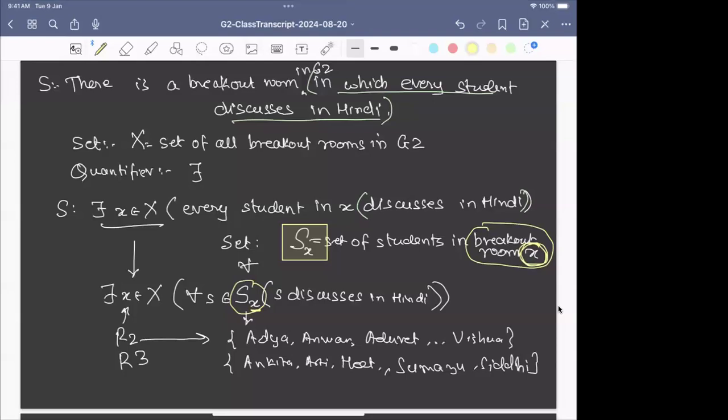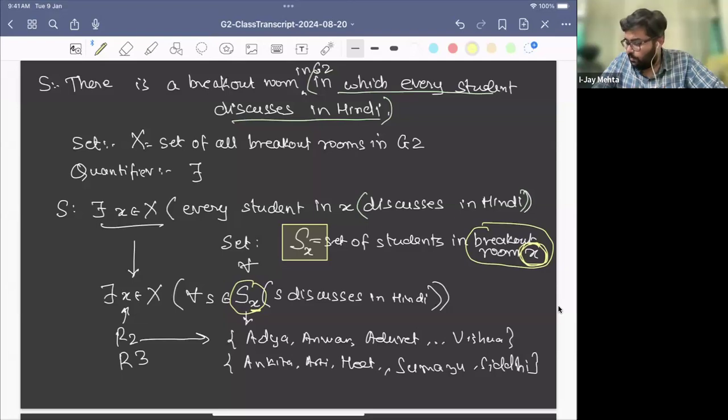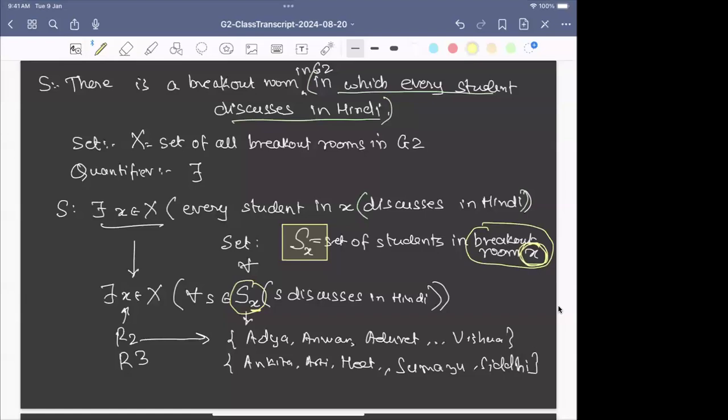Abhishek Kumar, what is the problem? Are you there? Can you unmute and say? Divya Ben, you have not responded to the question.